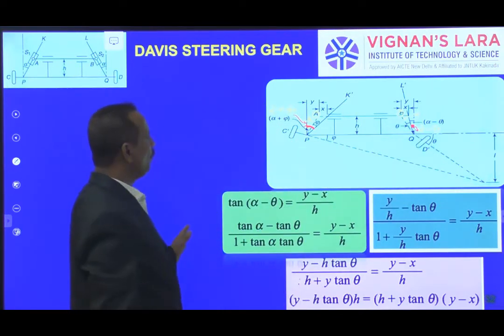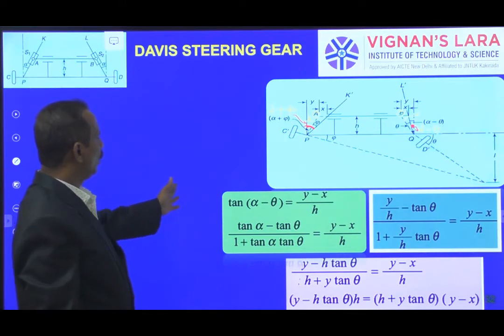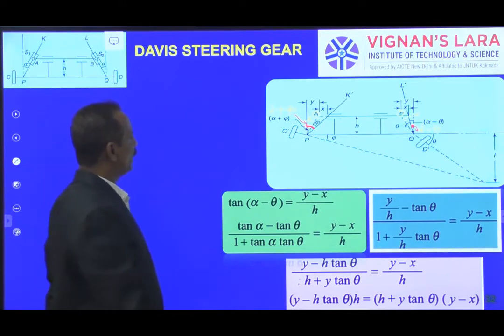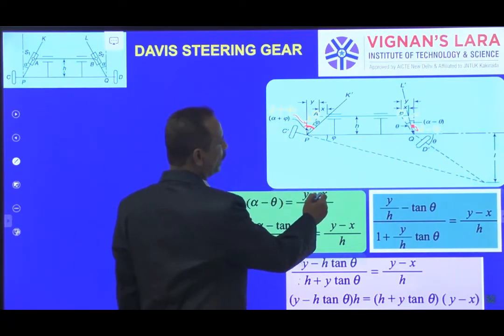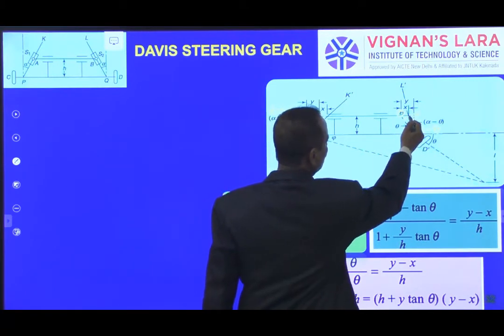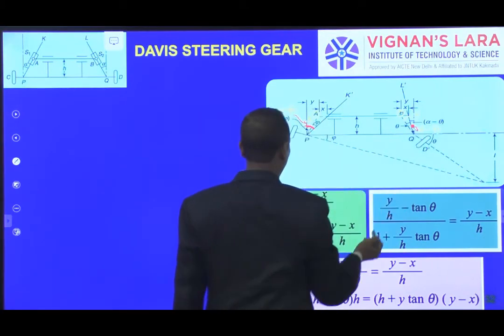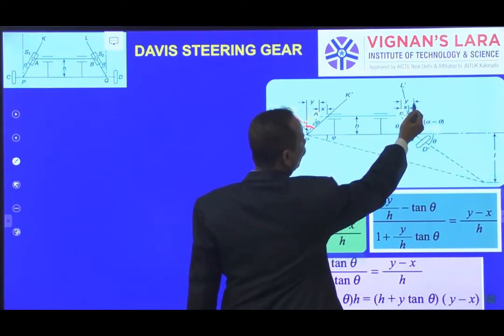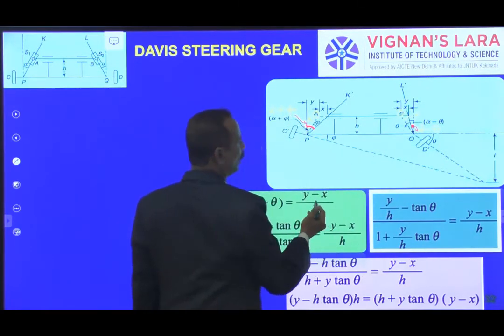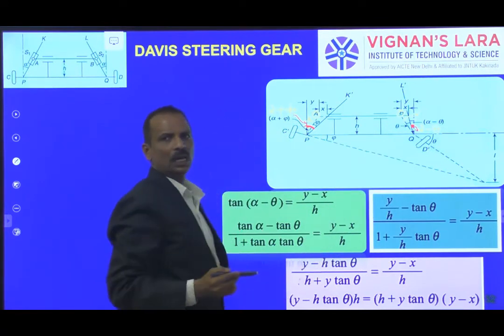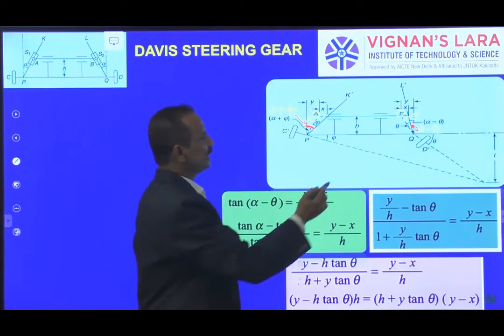From simple trigonometry, we can write tan of alpha minus theta. You can see here this is alpha minus theta. This is total Y and X is subtracted. Tan is opposite side by adjacent side.